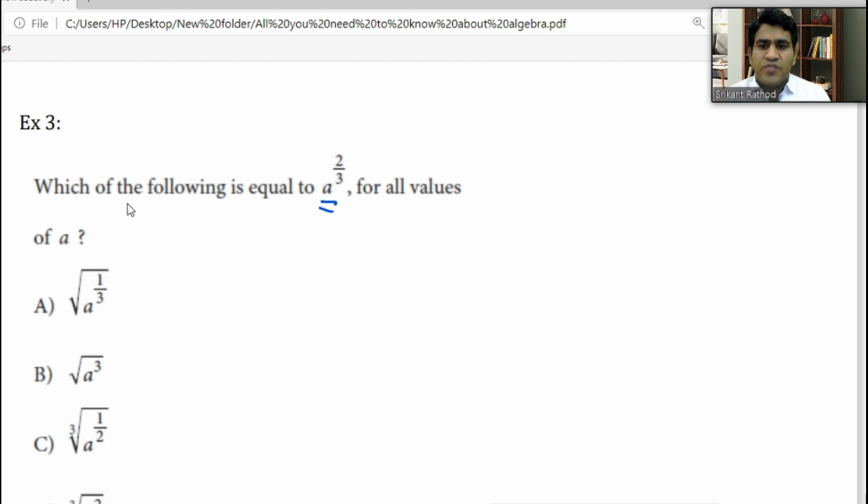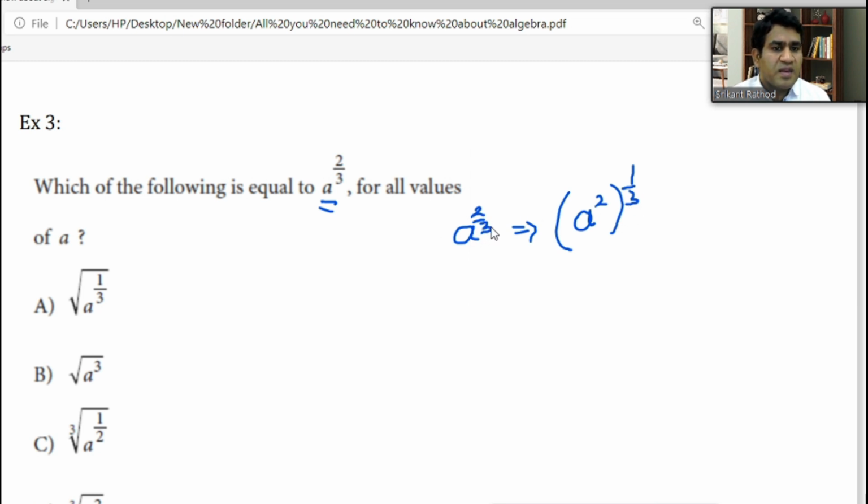The question says, which of the following is equal to a to the power 2 by 3? They have given this in terms of an exponent, and the answer they are expecting is in terms of a root, isn't it? So as we already said, a to the power 2 by 3 can be written as a to the power 2, to its power 1 by 3.